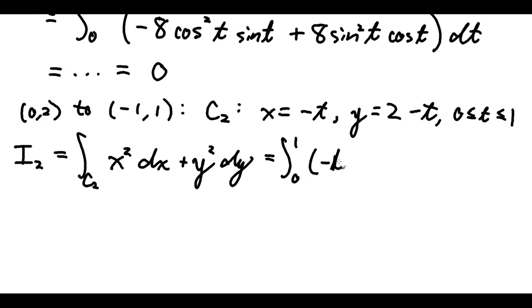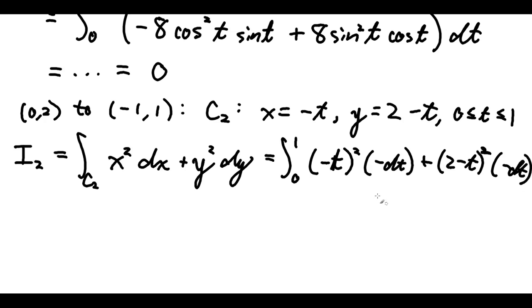We have x squared dx plus y squared dy. x is negative t, squared. dx is negative dt. y is 2 minus t, squared. dy is negative dt.